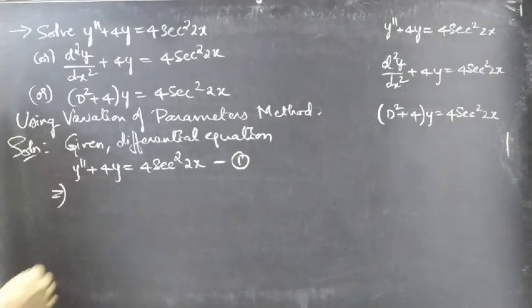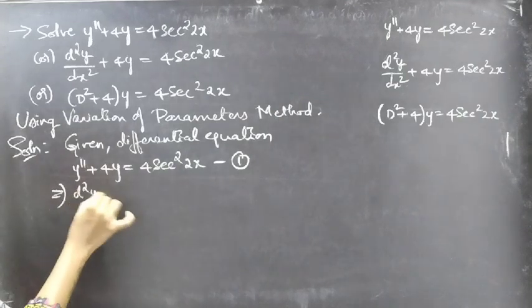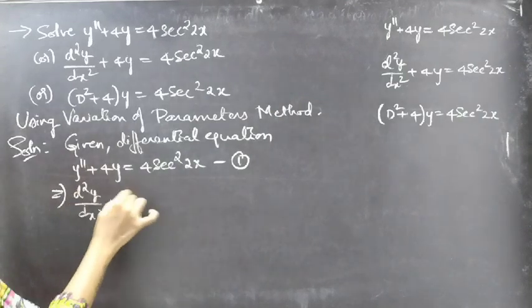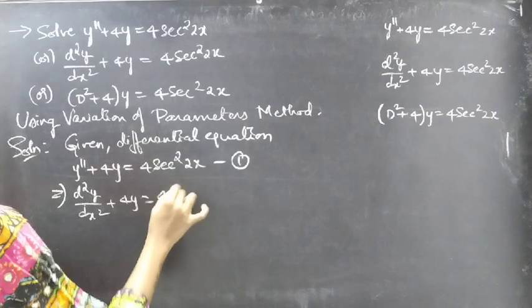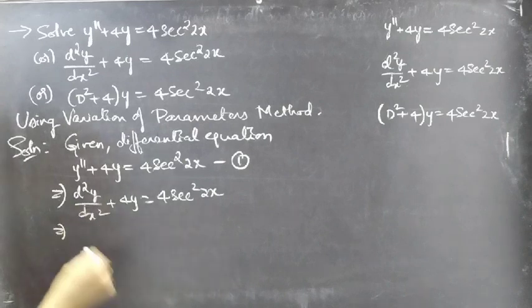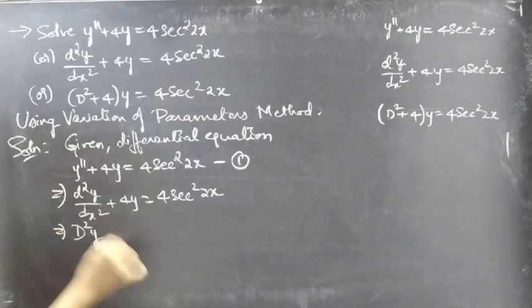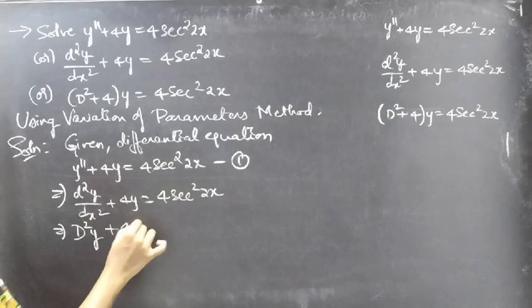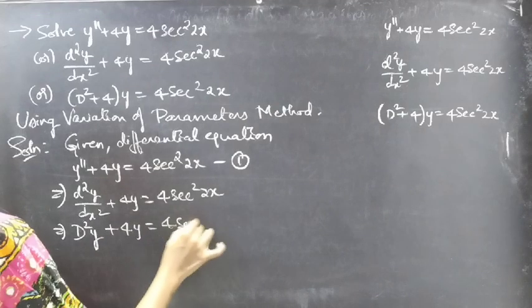We can write y'' as d²y/dx², plus 4y equal to 4 sec²2x. Now write d²y/dx² as D²y using the differential operator D, plus 4y equal to 4 sec²2x.